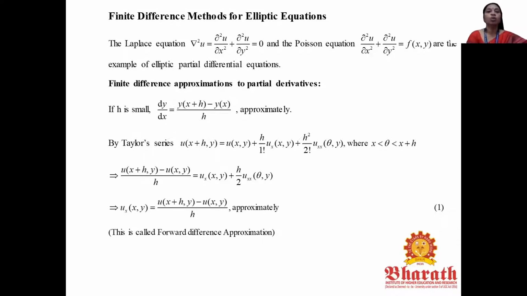So (u(x+h,y) − u(x,y))/h can be taken as ux(x,y). That is the derivative. We are finding the derivative of u(x,y) with respect to x, which is approximately (u(x+h,y) − u(x,y))/h. So this is called forward difference approximation.